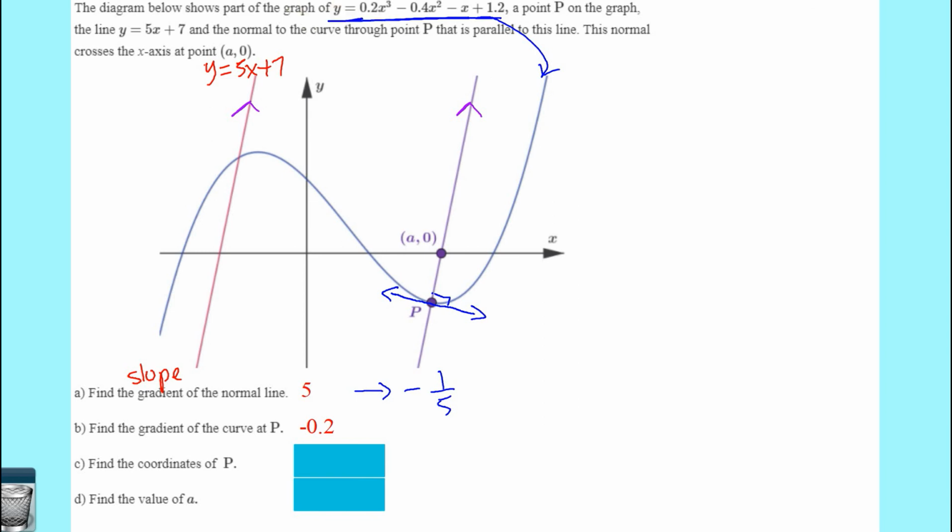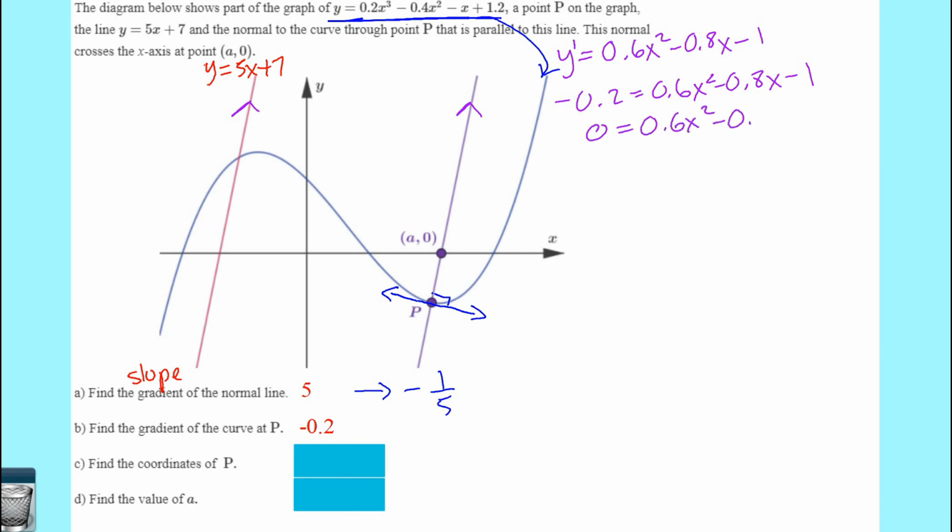So you recall that our derivative is this, and we know it needs to equal negative 0.2. So we let it equal 0, and then we add 2, so it should be that.